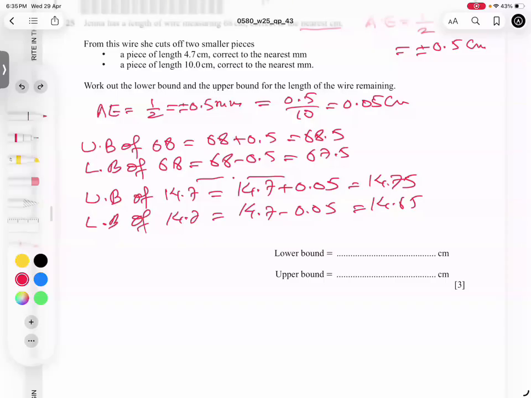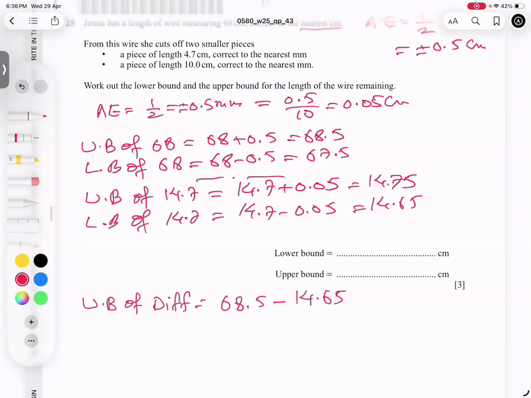So students, what is the technique now? If I want the upper bound of the difference, I will take the highest value from here and the lowest value from here. So check it, 68.5 minus 14.65.